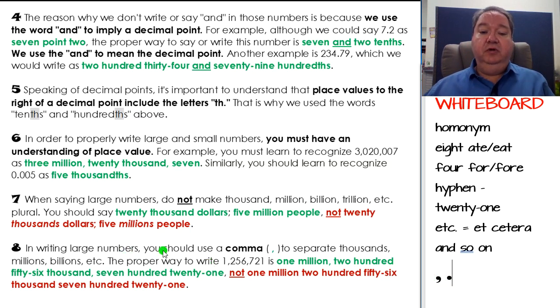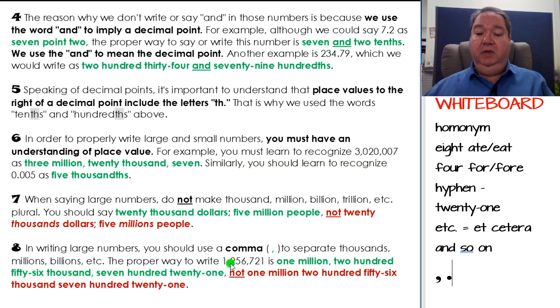In writing large numbers, you should use a comma to separate thousands, millions, billions, etc. The proper way to write 1,256,721 is "one million, two hundred fifty-six thousand, seven hundred twenty-one."